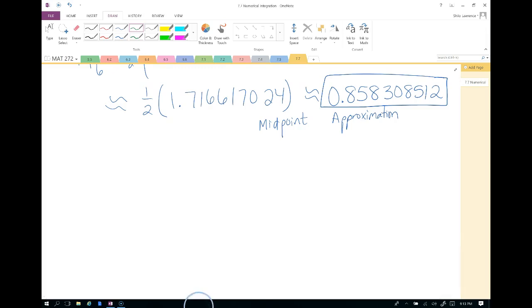So absolute error is just the difference in the exact answer and the approximate answer.